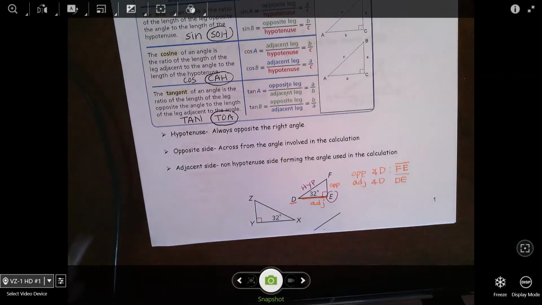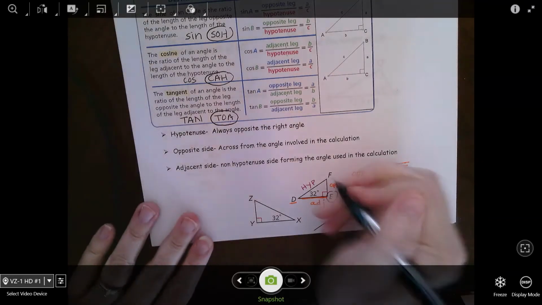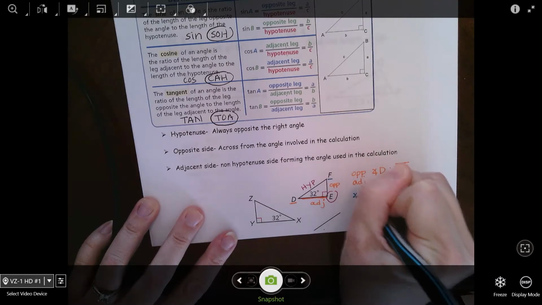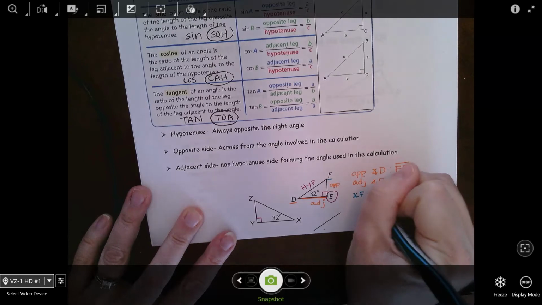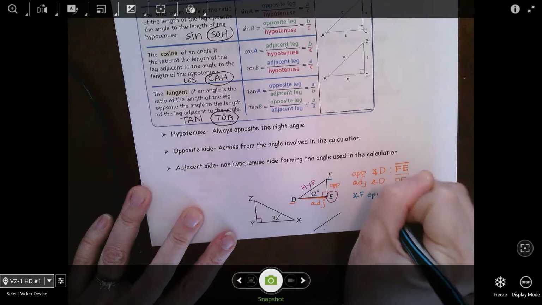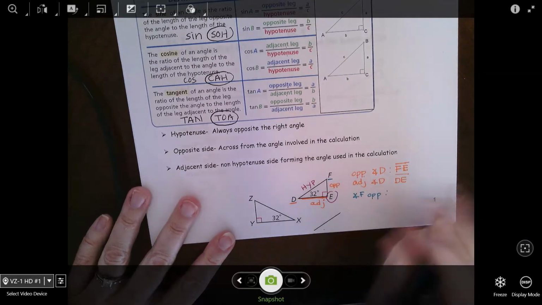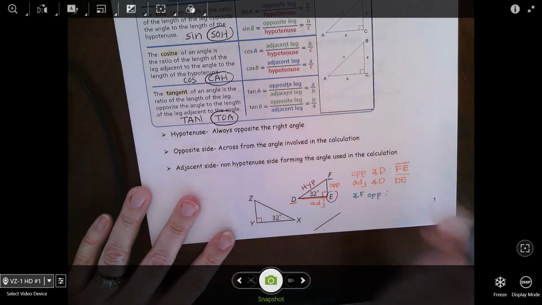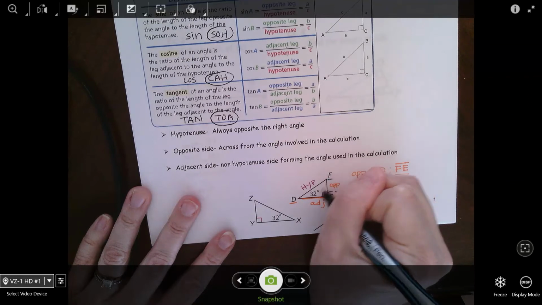Okay. So now if I'm talking about angle F, and since I'm labeling them, I want to switch colors. For angle F, the side opposite of that, I'm going to go across again. I like to take my pencil and go across.